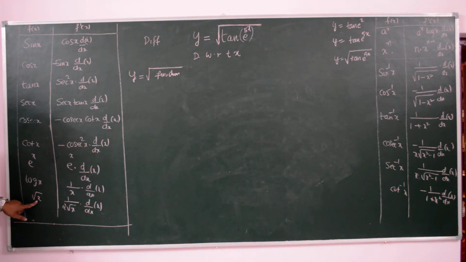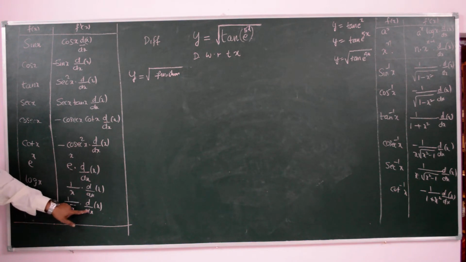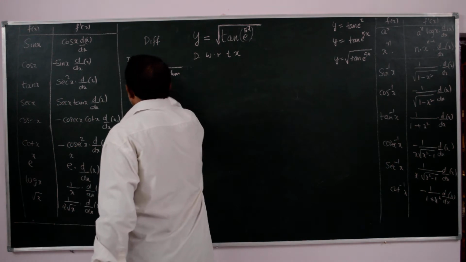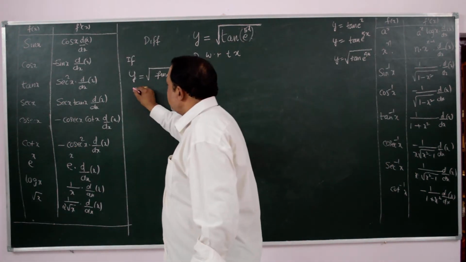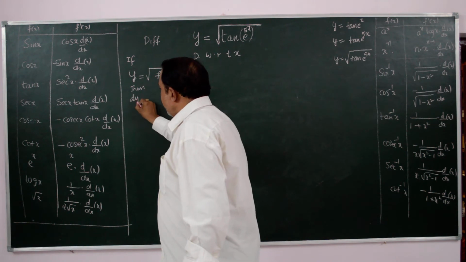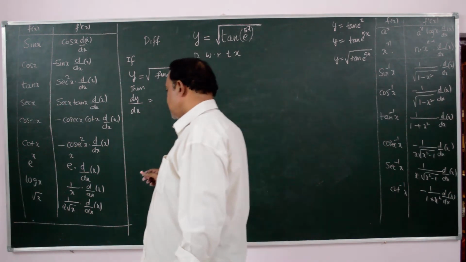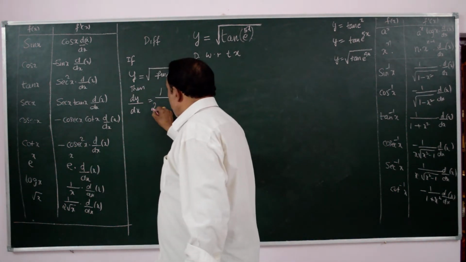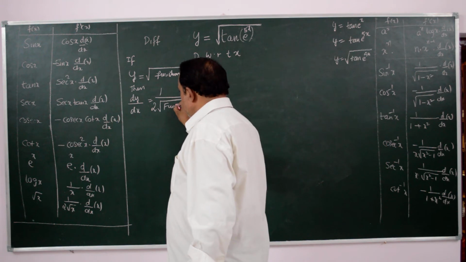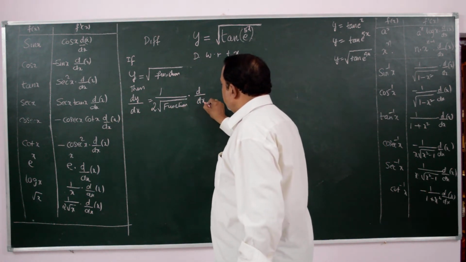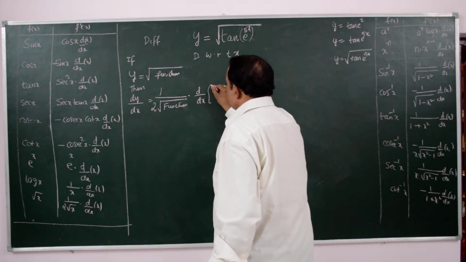So if you differentiate root of a function, what you should get? 1 by 2 root of function into d by dx of function. Note this. If y is equal to root of a function, then dy by dx, that is the differential coefficient of the root of the function, is 1 by 2 into root of whatever the function given into dy by dx of function.